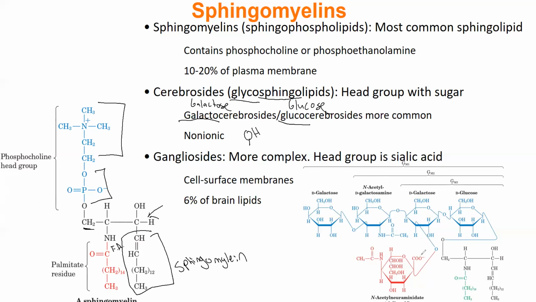So 6% of all the lipids inside your brain are made of these gangliosides, which is a sphingolipid again: this black, the fatty acid, the green, and this very complex head group. Don't worry about knowing every single sugar in this head group. If you just know it's many sugars together, that's okay with me. And if you just know that this is called a ganglioside, that's okay with me.